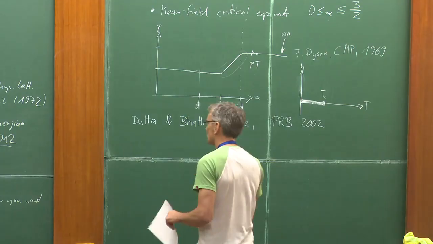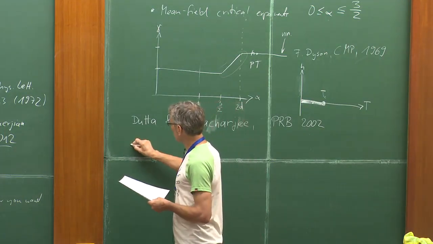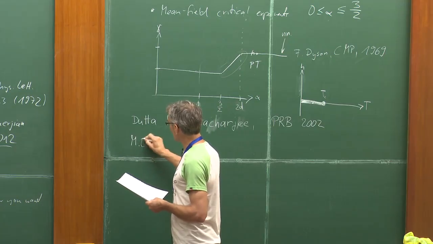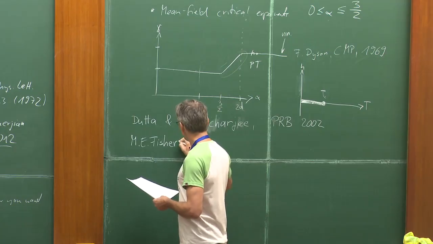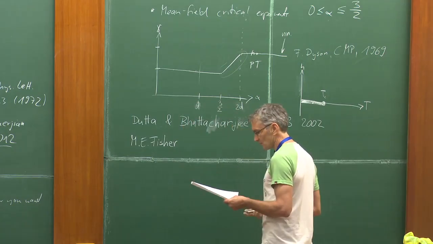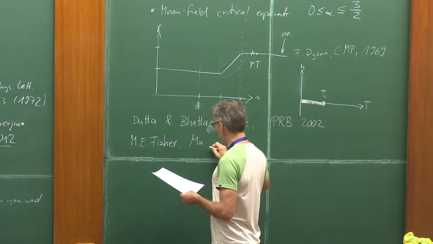And the other paper does not consider the transverse field Ising model directly, but is also on this topic, with Michael Fisher as the first author, one of the giants of statistical physics and phase transitions, and the other authors are Ma and Nickel.